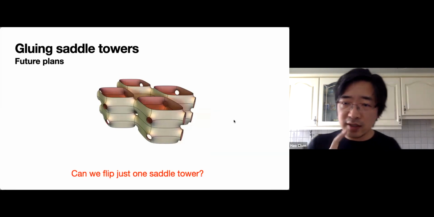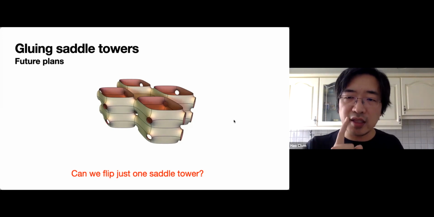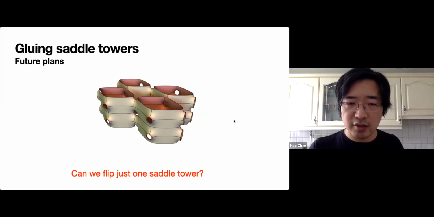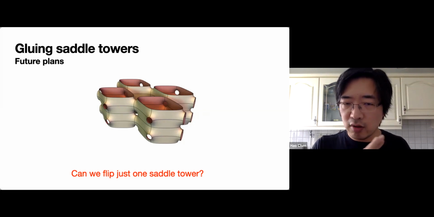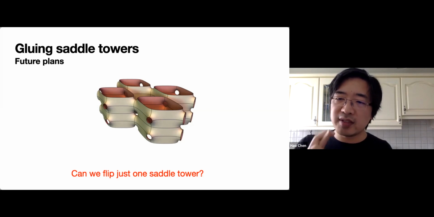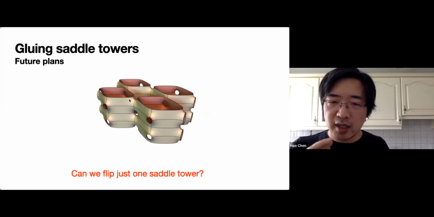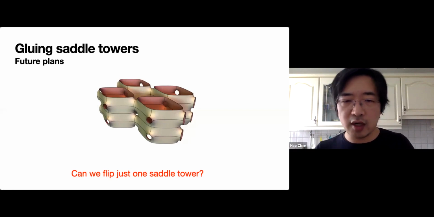Another interesting problem is, can we obtain, again, a defected or disordered minimal surface? So my idea is, look at this surface. This is a periodic minimal surface where all the saddle towers have the same phase. All the phase differences are zero. So can we flip the phase of one saddle tower to pi?